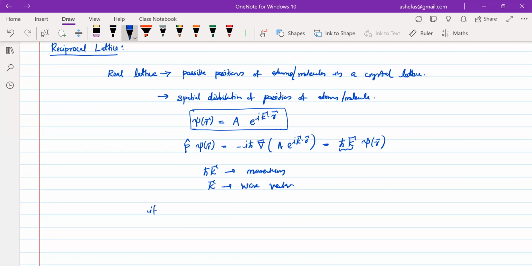If capital R is a lattice vector, and a1, a2, a3 are the primitive lattice vectors, then in general, m times a1 plus n times a2 plus l times a3 gives a general lattice vector.